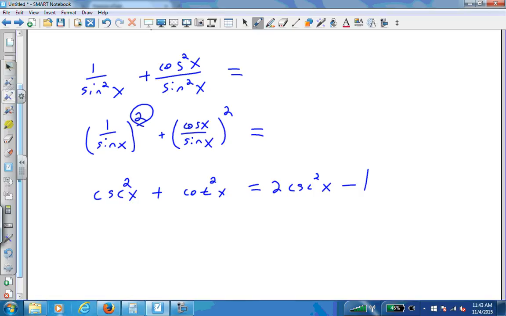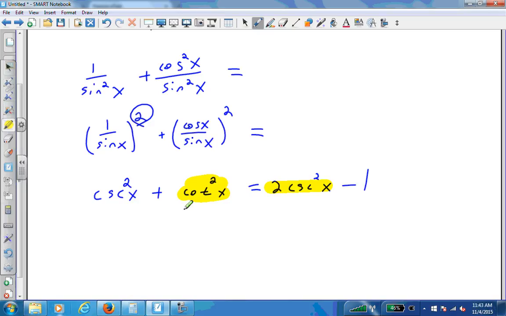There's a variety of things we could do here. We could take this cotangent and say, hey, the other side doesn't have any cotangents. So let's change this cotangent squared into something that doesn't have cotangent, that just has cosecant in it.